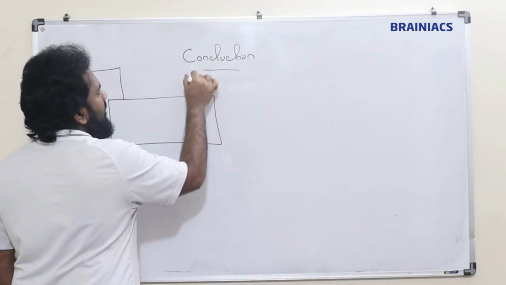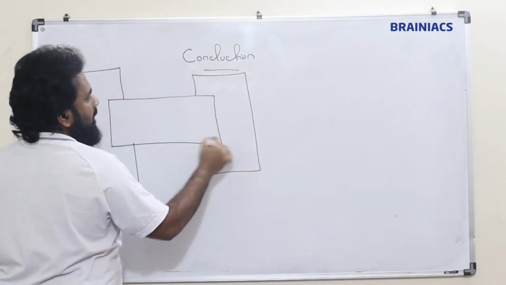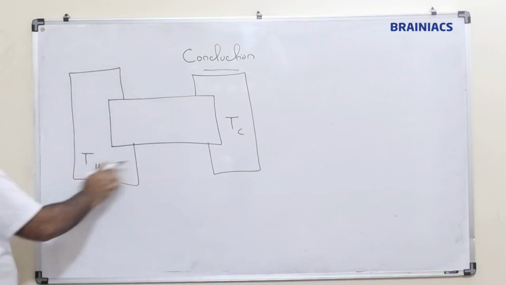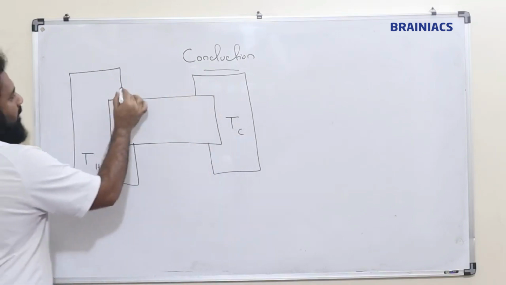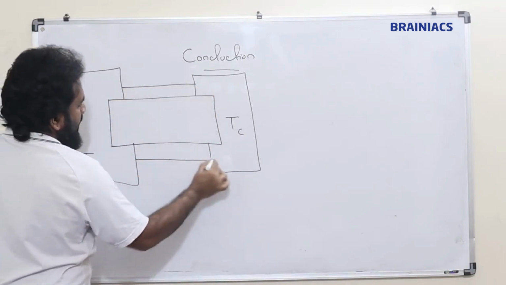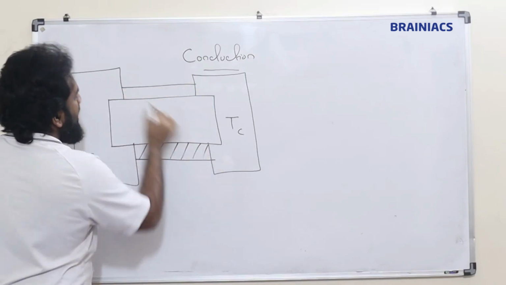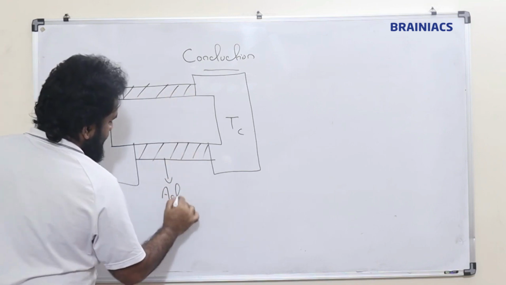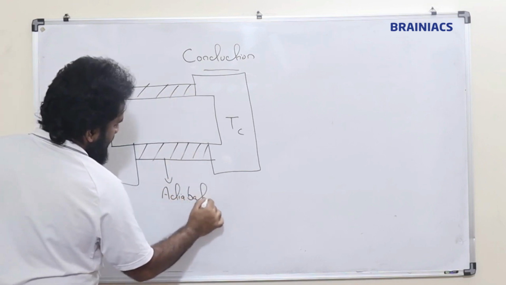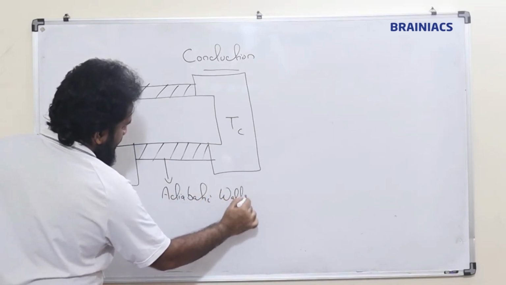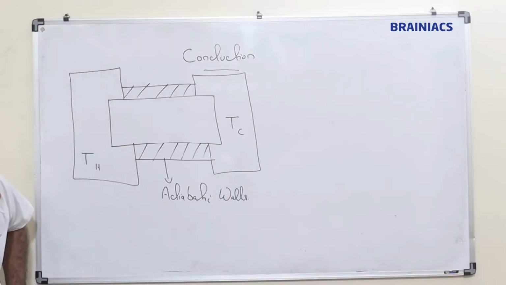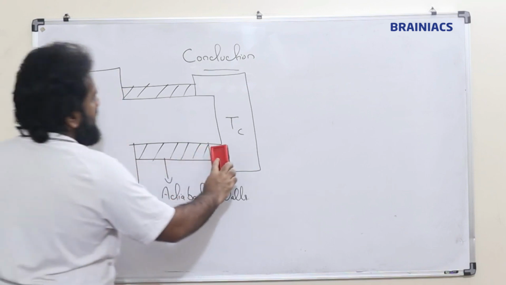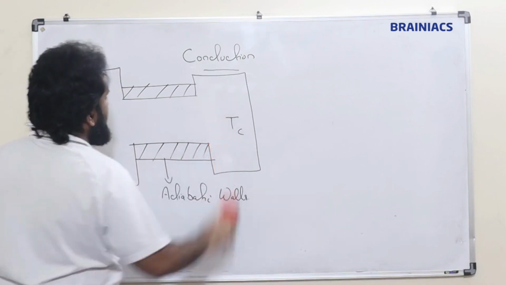Now if I maintain the other end at lower temperature, so I can say this is hot and this is cold, and if I am covering the full area with adiabatic walls, then what will happen? There won't be any heat loss, correct?